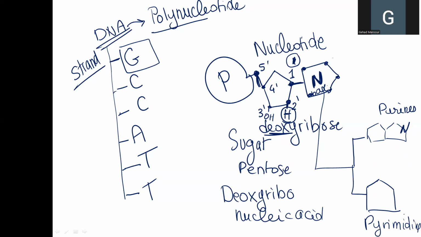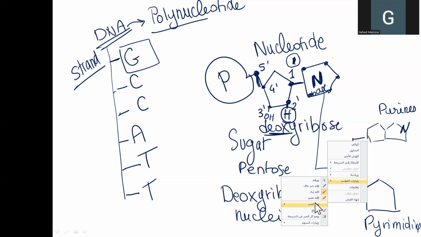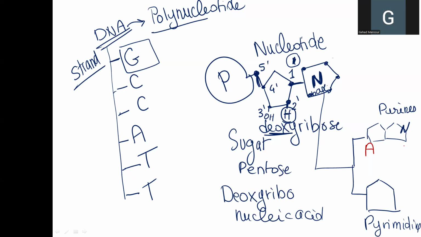The examples of purines are two: guanine and adenine. So the two-ringed one can be adenine or guanine. And in pyrimidines, we might have cytosine or thymine in DNA, but we might have a third one, which is uracil, that appears only in RNA.